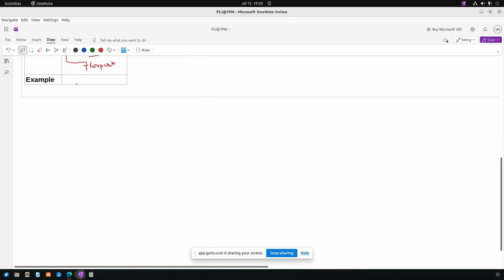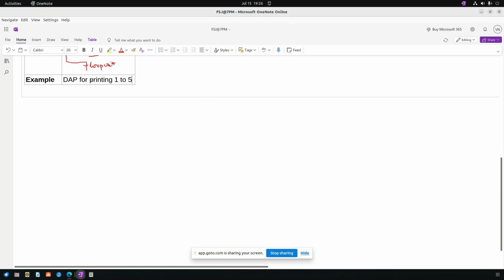Now we'll have an example. Develop a program for printing 1 to 5.